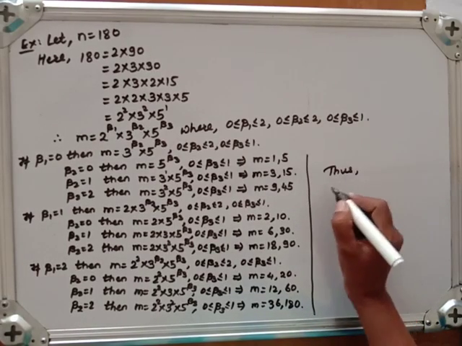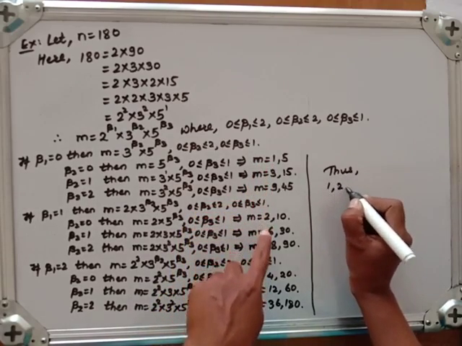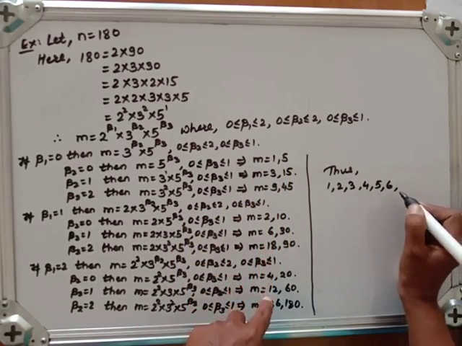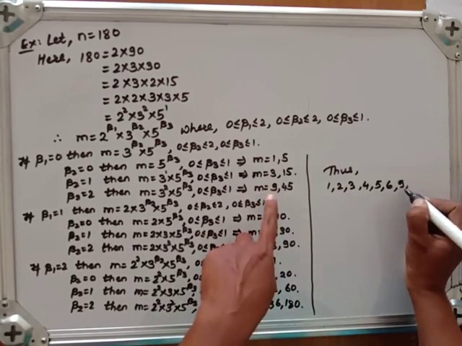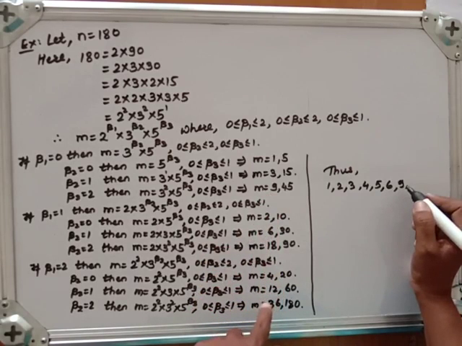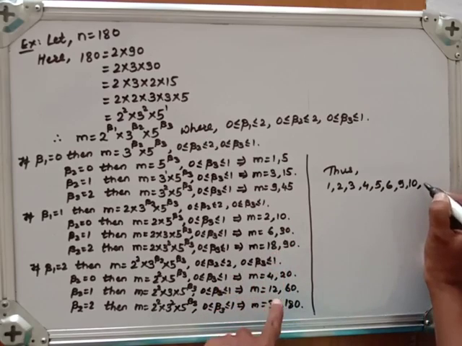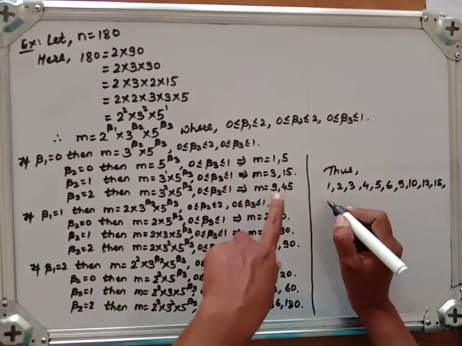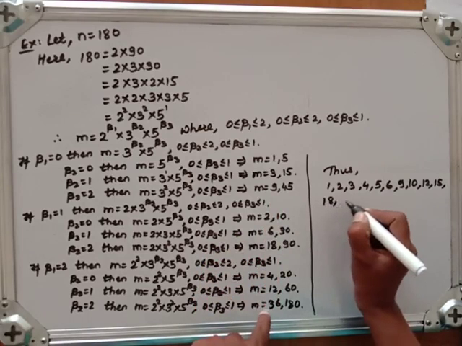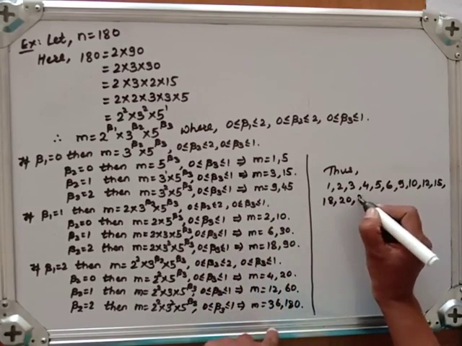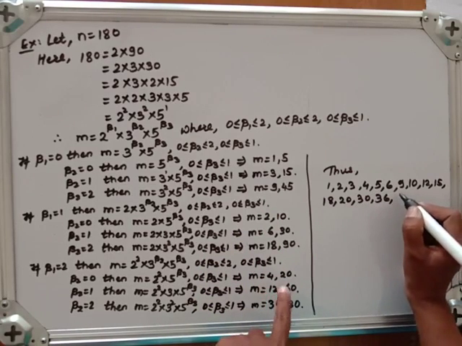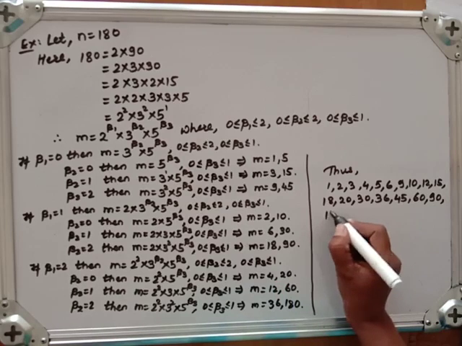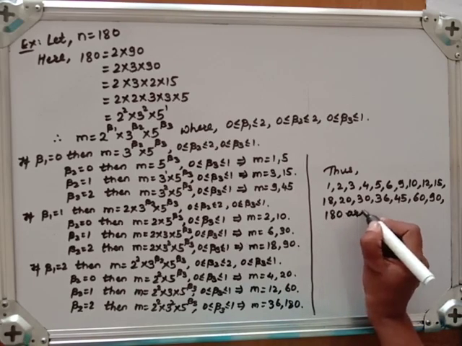Thus they are 1, 2, 3, 4, 5, 6, then 9, 10, 12, 15, 18, 20, 30, 36, 45, 60, 90 and 180. These are the positive divisors of 180.